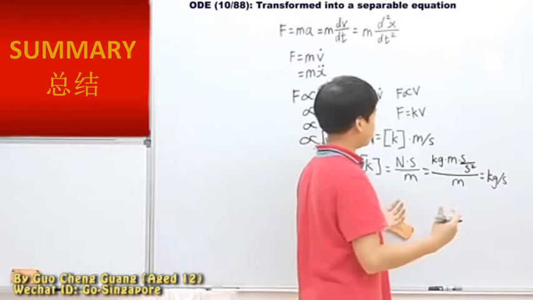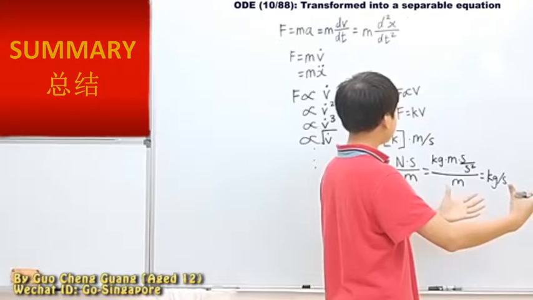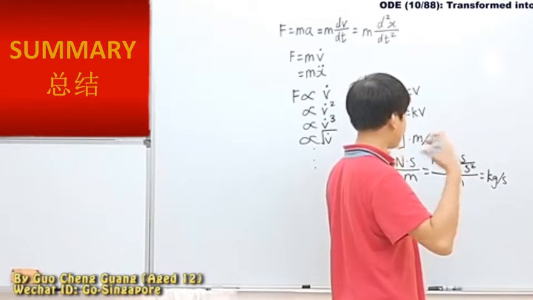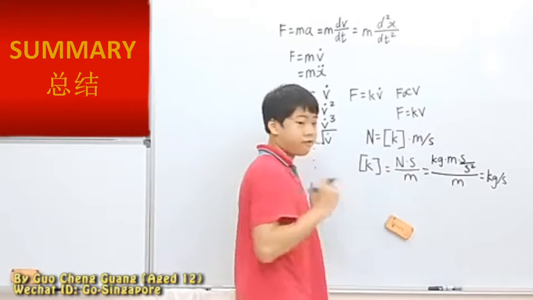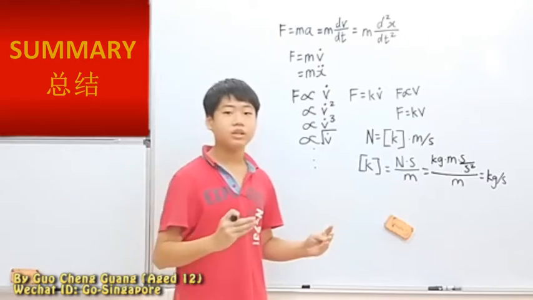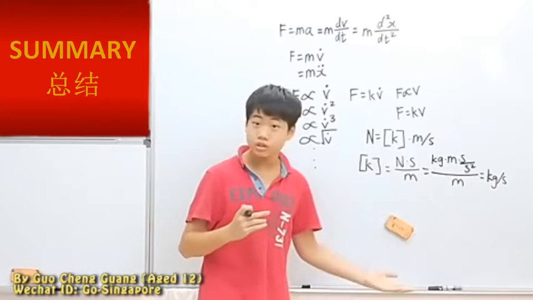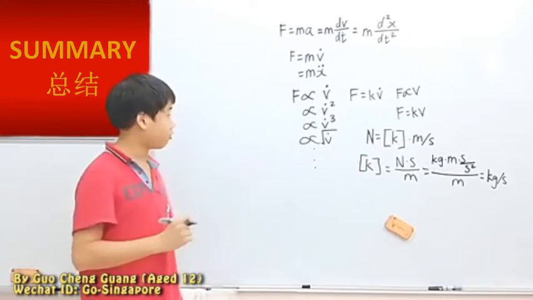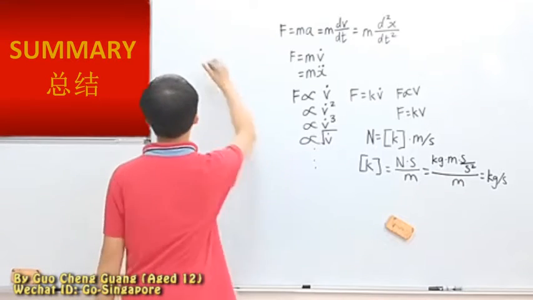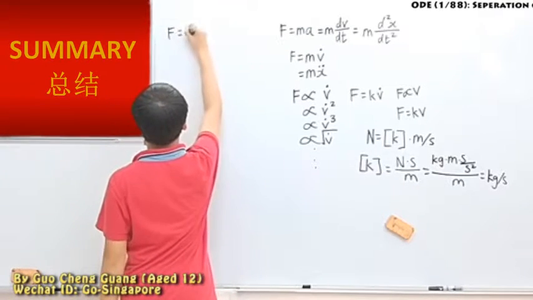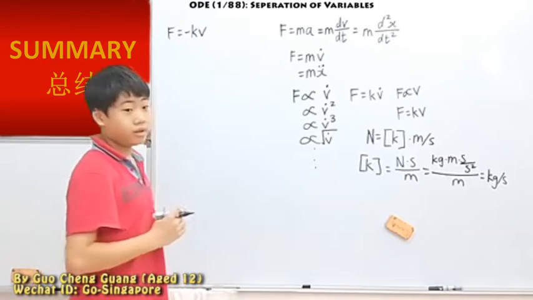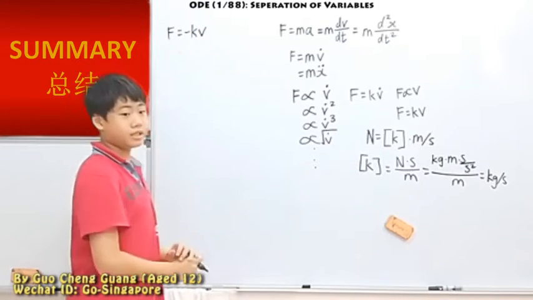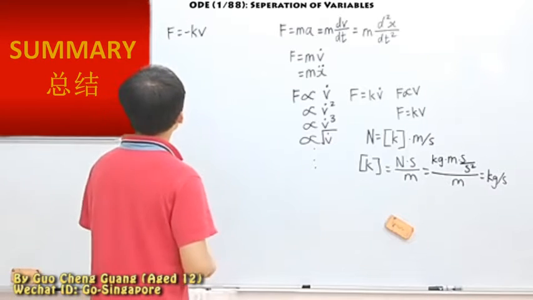So air resistance is acting in the opposite direction, which means you need to have a negative. This negative doesn't actually mean a negative force, it's just the direction. So we need to write F equal to negative kv.